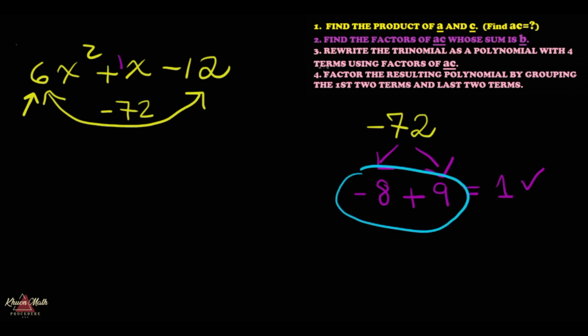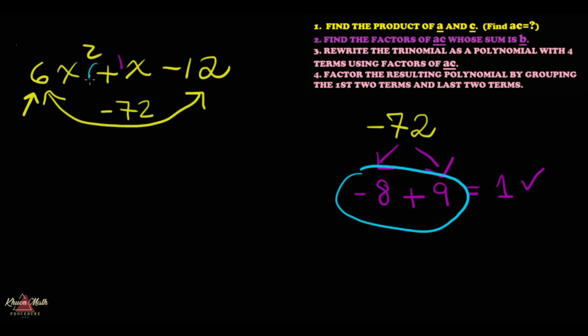And then step 3 is to rewrite the trinomial as a polynomial with 4 terms using factors of AC. So we're going to rewrite this into 4 terms. How do we do that?